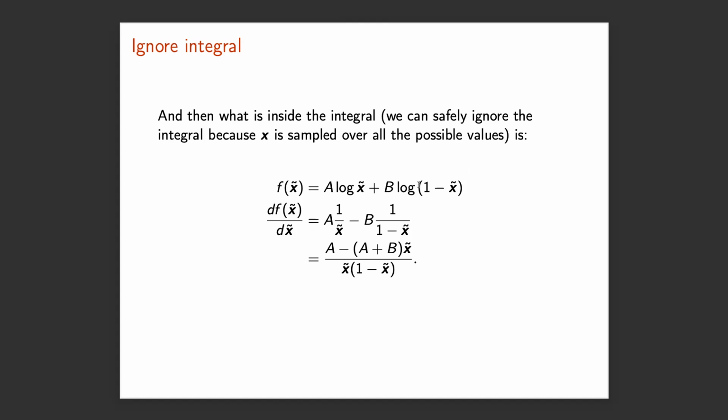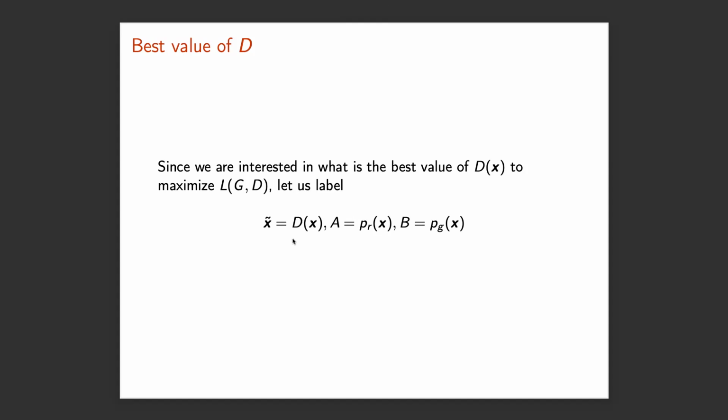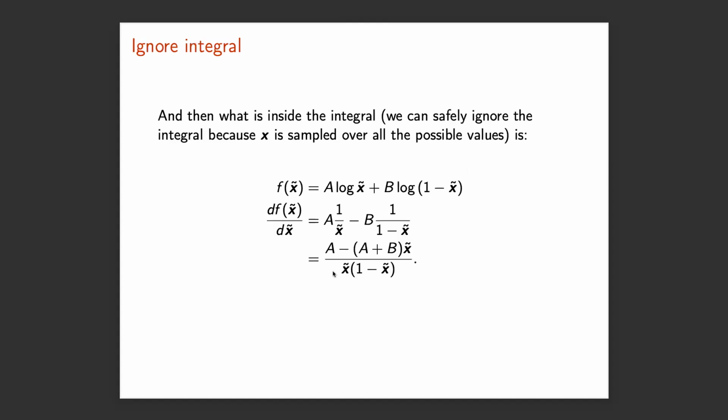Now I want to find the derivative, because what is inside the integral we can safely leave out, since we want to see what maximizes. So we are taking the derivative of this quantity with respect to this x, and because x is the D of x, I'm getting this relation here.